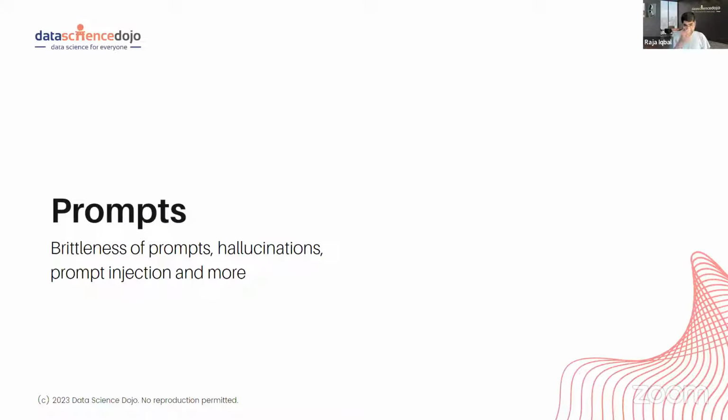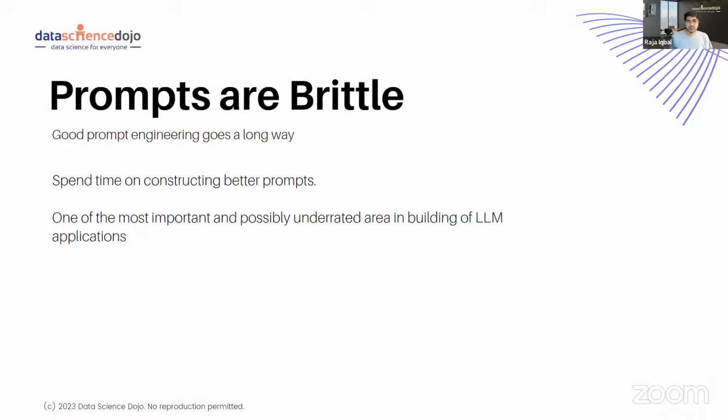The next point is prompts. I would say that this is a somewhat underrated area in building LLM applications, right? OpenAI came up with a new model that has a bigger context window, and it is faster, and they did this and they did that.